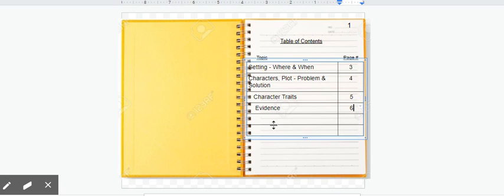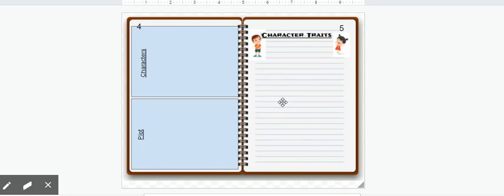But that's what we're going to do with your ELA notebook on this video, is talking about character traits and then evidence. So if you need to pause me, go ahead and pause while you do that. And then turn to page 5 of your ELA notebook, and it should look like this.